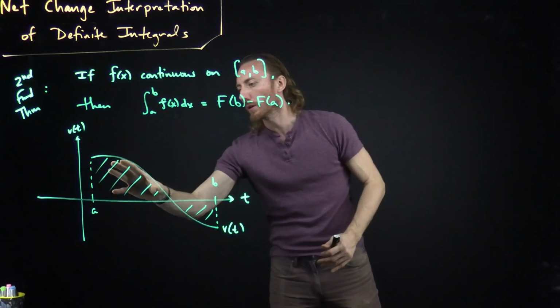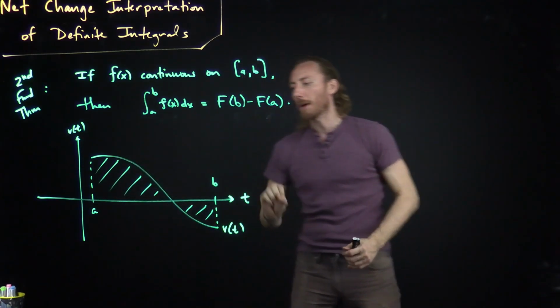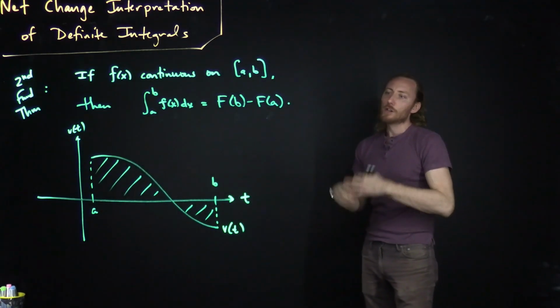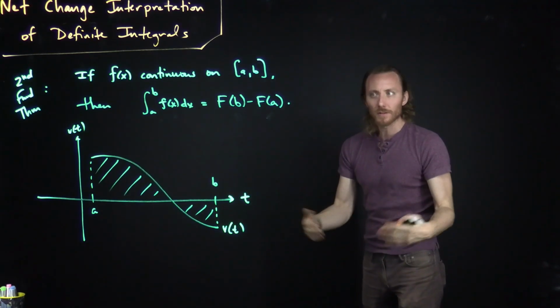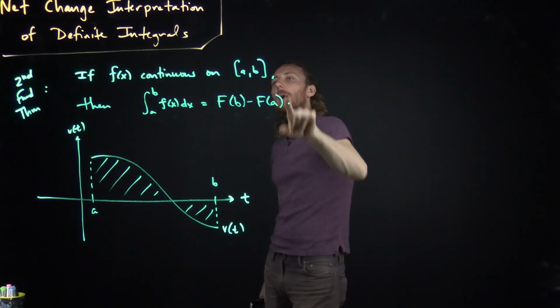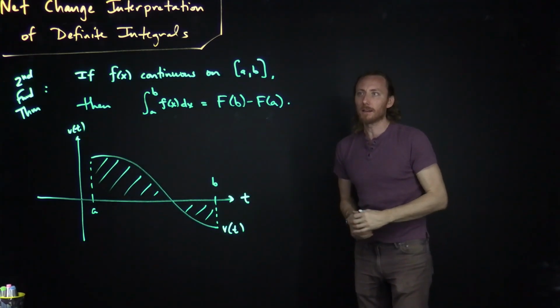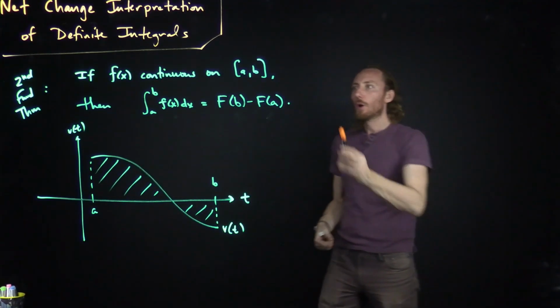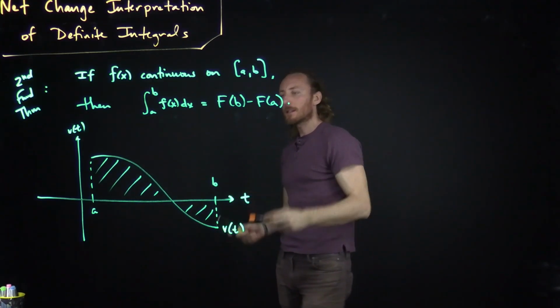It appears you have more motion in the initial, positive direction than you do in the negative direction. So the net would be positive, and that is what would be articulated by this change in capital F value. But now, what would the capital F be in this situation?